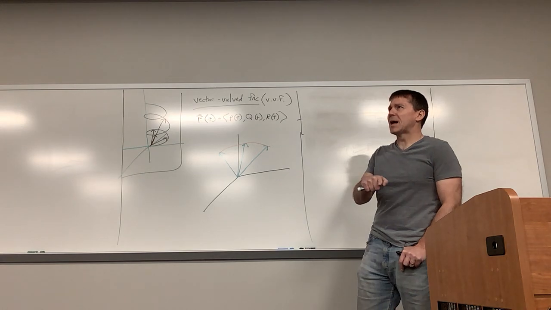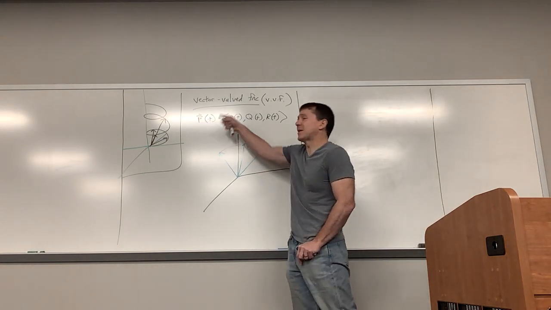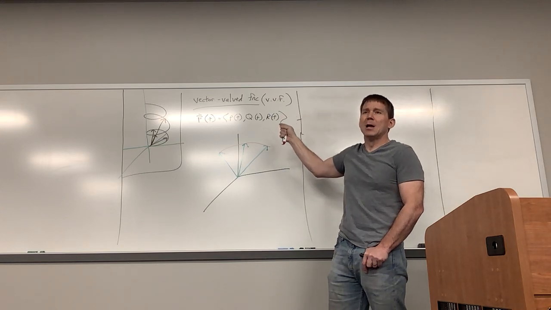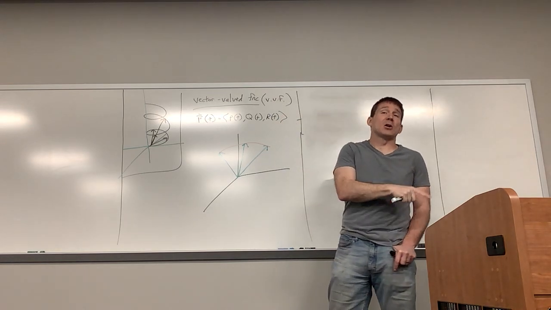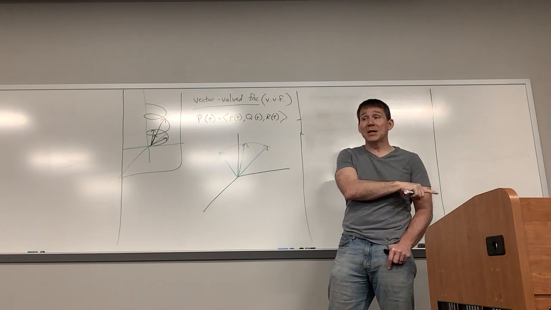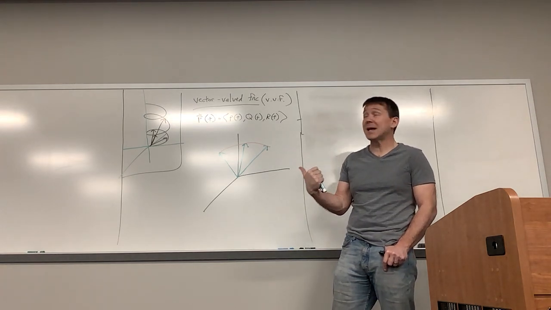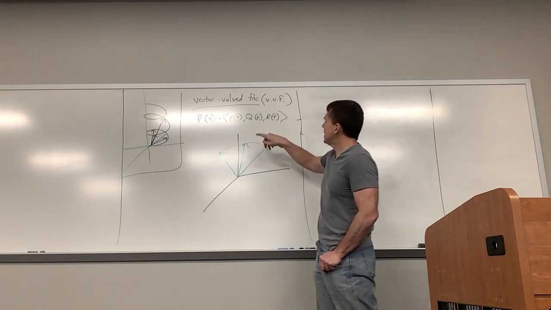Now I talk about limits of my vector valued function in terms of the limits of each of the component functions, which means if I want to talk about continuity of a vector valued function, I talk about it in terms of the limits and the function being defined at each point.